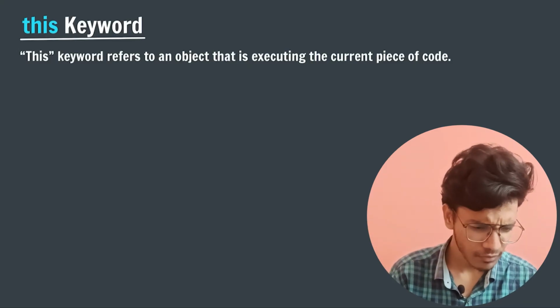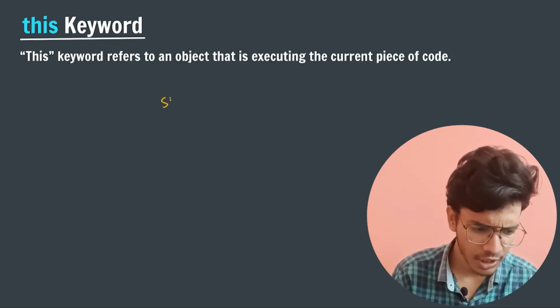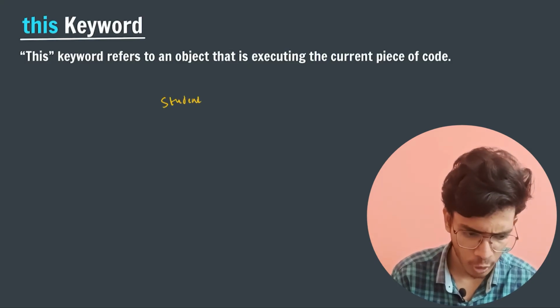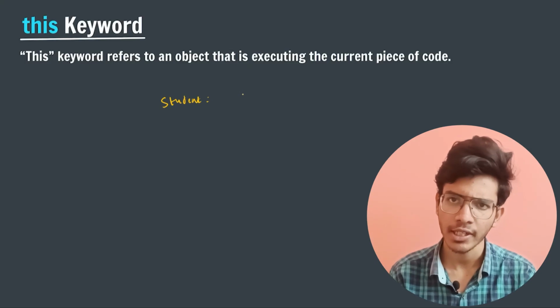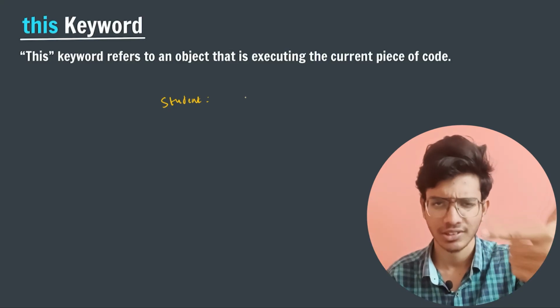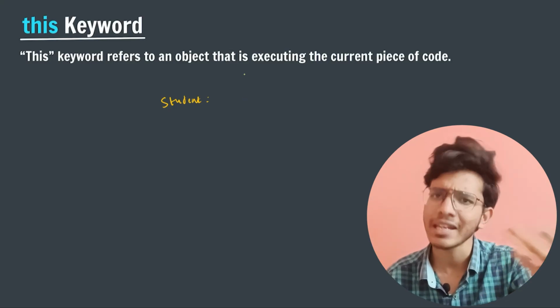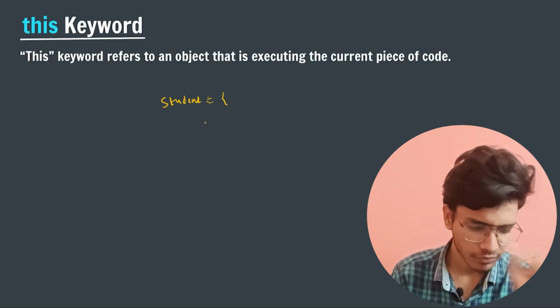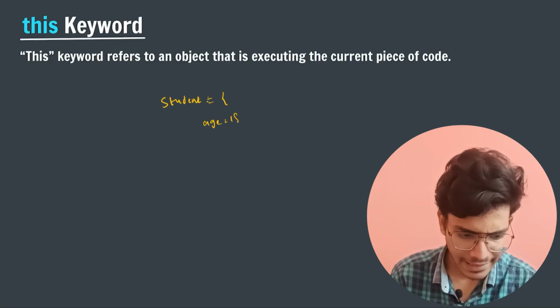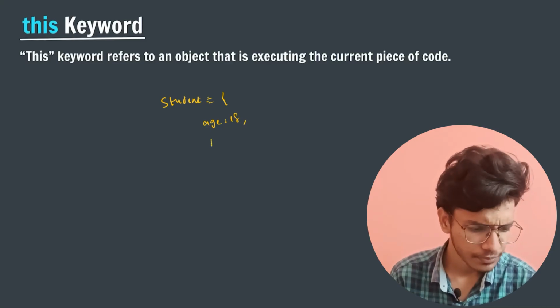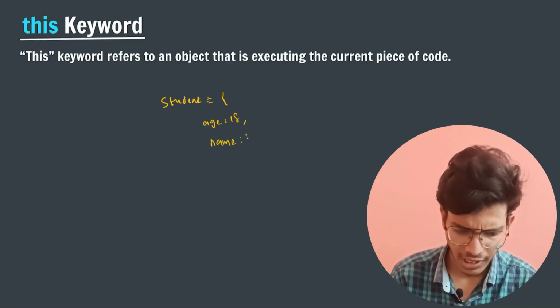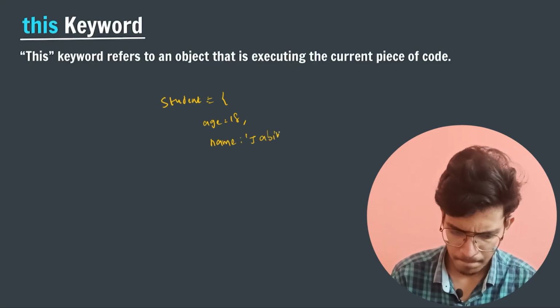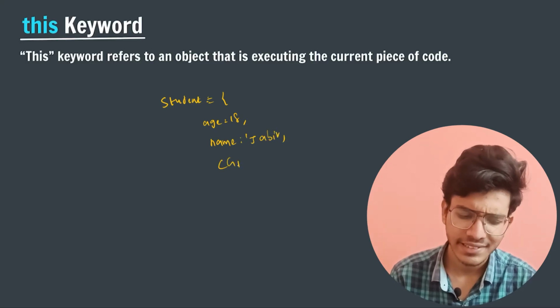So here, let's say I'm creating a student object. Inside that student object I have the age, CGPA and name of the student. So in the student object I have age 18, name Jabir, and let's say CGPA 9.8 something.